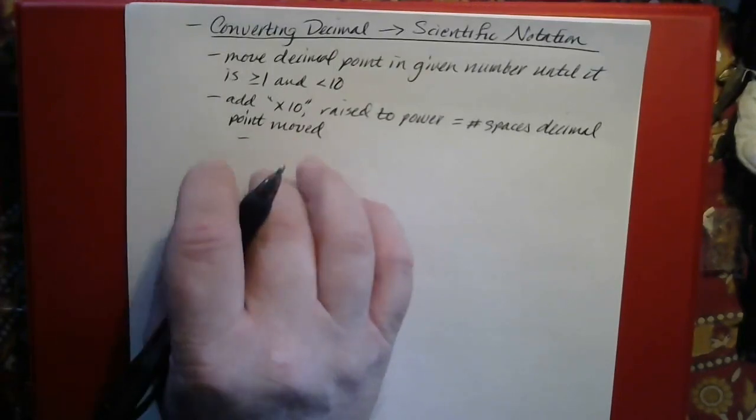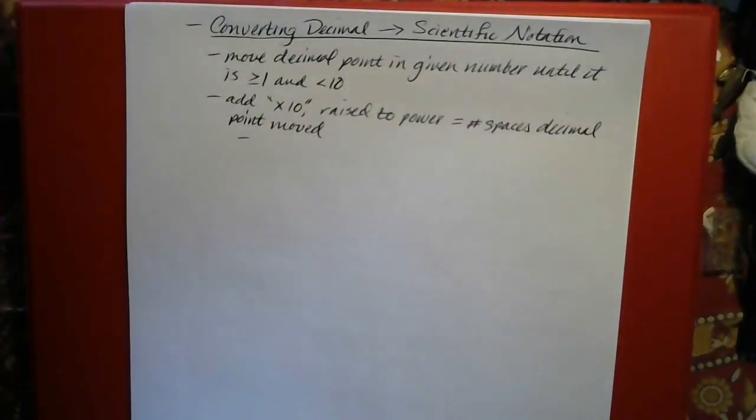If you think about it, you're not trying to change the value of the number. So if moving the decimal point made the number smaller, the power should be positive.